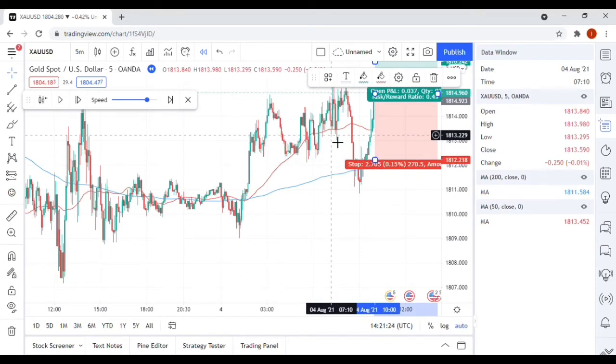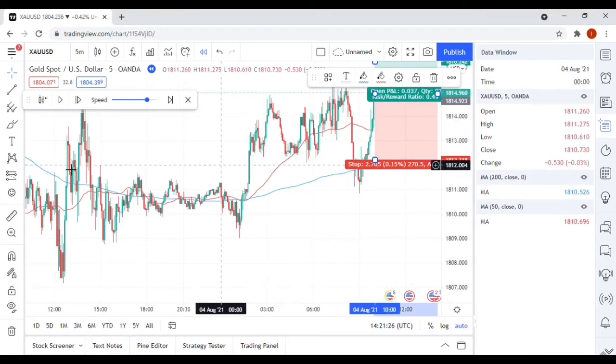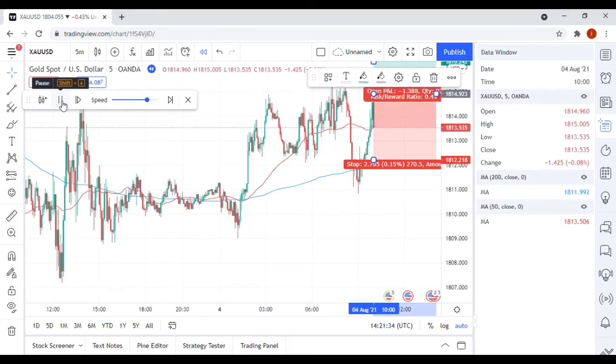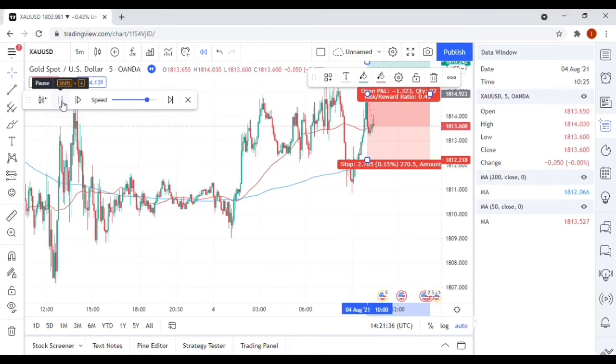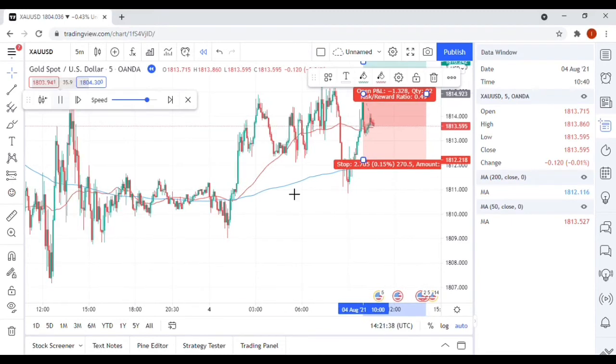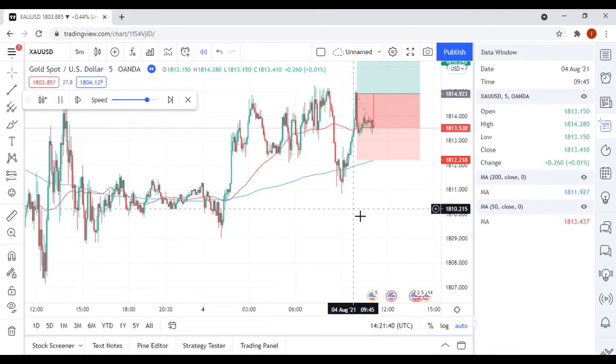So we click play now that we've entered, because now price has closed in our desired position, and it moves, and it shoots up.